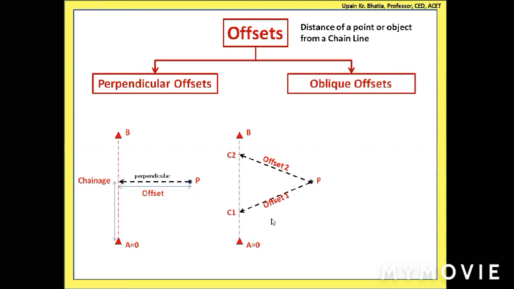Why do we do this? Because while plotting on this sheet, let us assume that offset 1 is 12 meters, offset 2 is say 13 meters. They are different. Chain edge C1 is 3 meters, C2 is 8 meters.